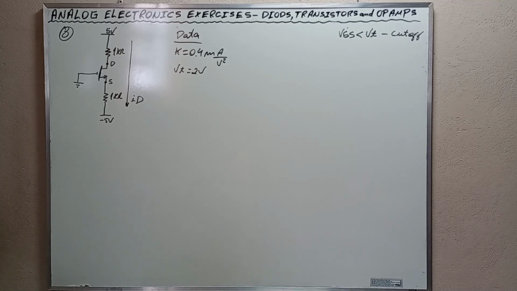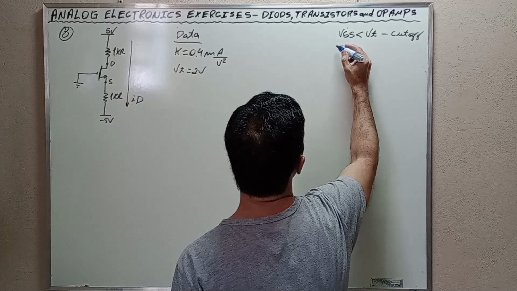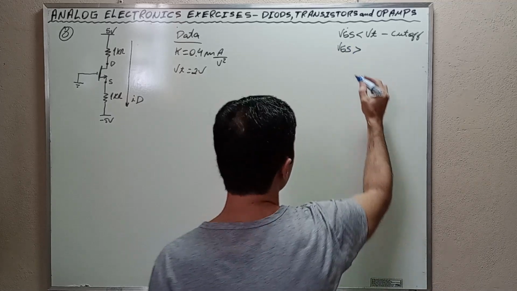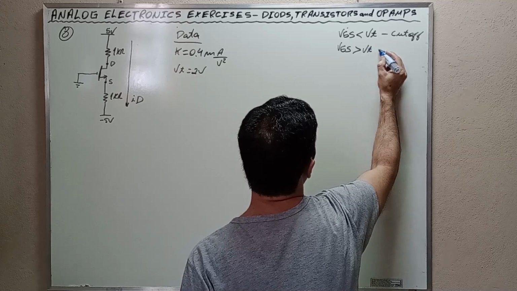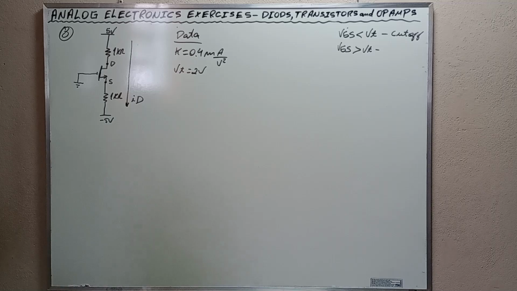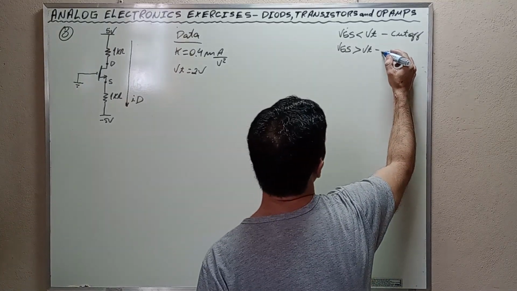Okay, now let's open the channel. To open the channel, VGS has to be greater than VT. This alone makes the device operate in the triode region of operation.